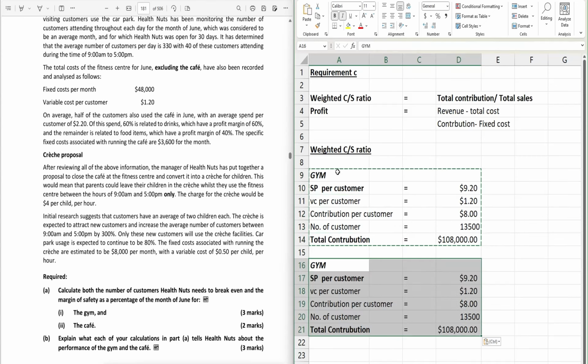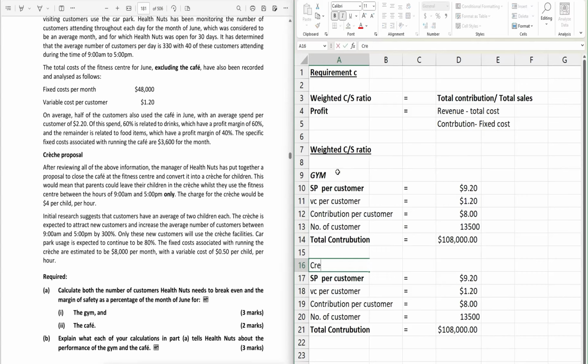Now let's do the same approach for the crèche. Okay, what is the selling price of the crèche? It's given in the question, I think somewhere. Yeah, it's 4 per child. And one more thing, the question told that each parent will have 2 children. Yeah, an average of 2 children. So that means we need to multiply 4 into 2.